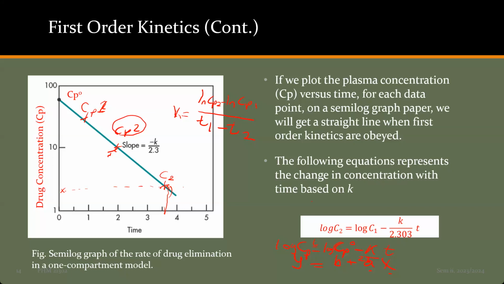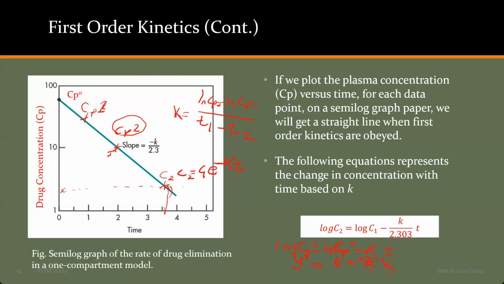In this way, you get the value of K as a positive value. If you want to calculate the concentration mathematically at any time point, just use the previous equation we used: C2 equals C1 times the exponent of negative K times delta T.